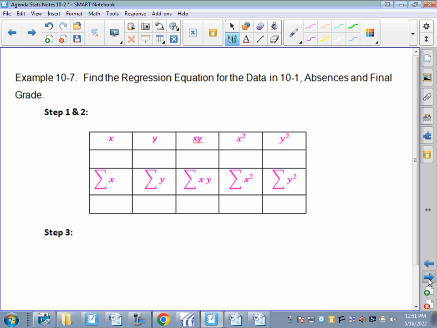That was in example 10.1. Scatter plot. Negative relationship. So in other words, more absences, grade lower. So as one increases, the other decreases.